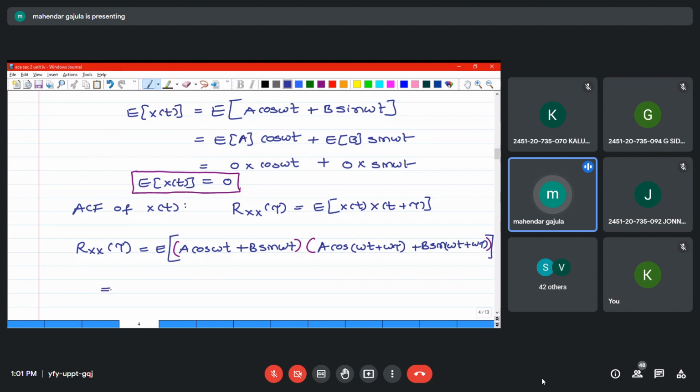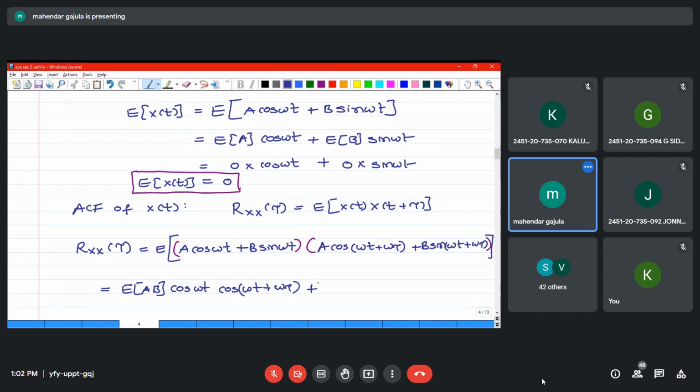So we have to multiply this. I'm multiplying and applying expectation parallelly. The first term is a square cos omega t cos omega t plus omega tau.